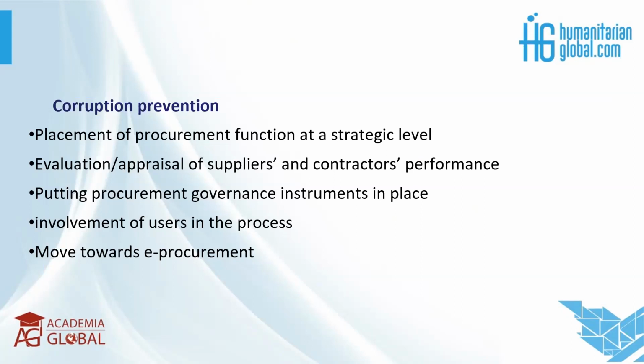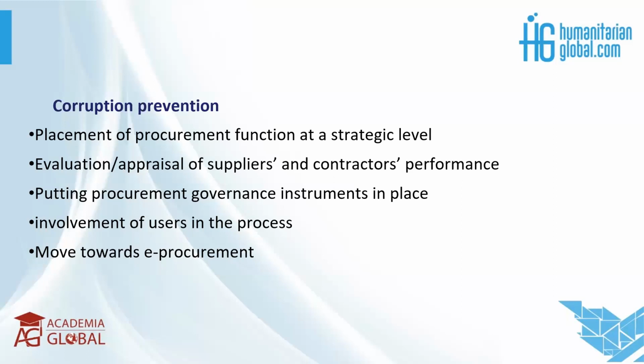The first one is placement of the procurement function at a strategic level. What that means is, if our organizations are able to understand that procurement is very key, a big determinant of the success of our organization, and core to whether we are profitable or not, in how we manage our donor funding, then we place it at a strategic level.